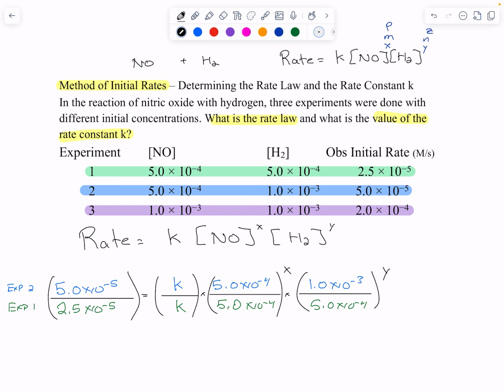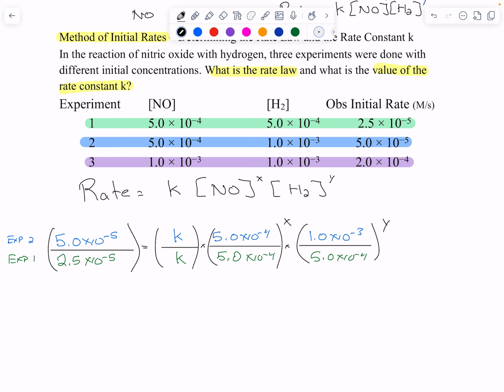All right. So now, if we do some math, this looks like it's what? 2 equals 1 times 1 to the X times, that looks like it's 2 to the Y. I think that's what it looks like.